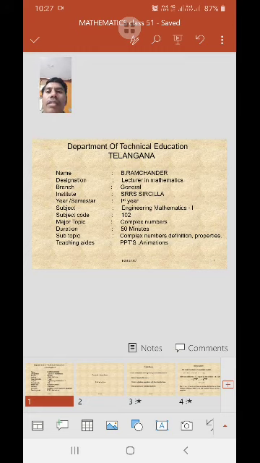So like this we learned some chapters from trigonometry. Now another chapter we learn today, that is complex numbers.